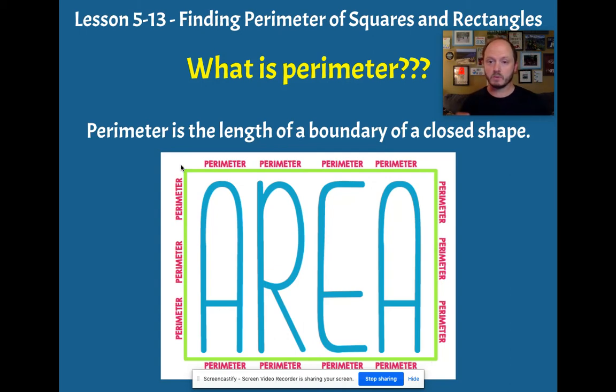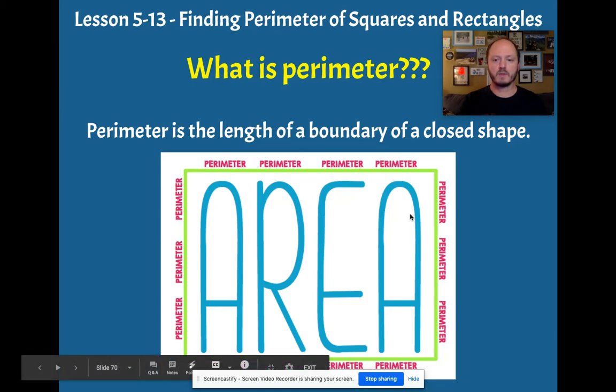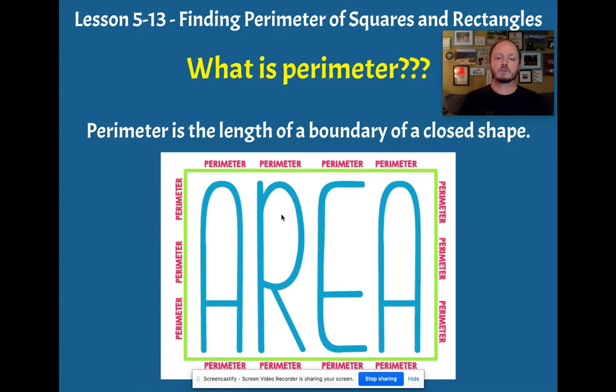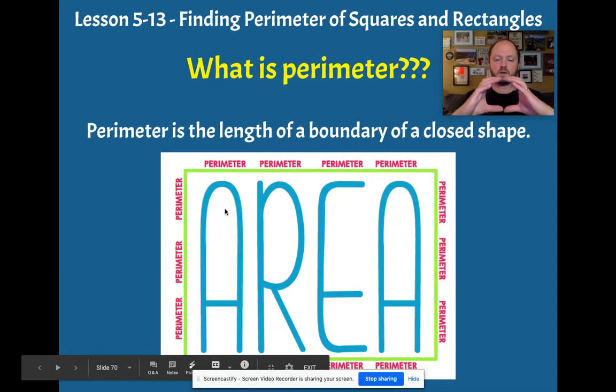Okay, so that right there is a pretty easy concept, but we have to not confuse it with area. Area is the measurement of the interior space of a closed shape. So perimeter, the outside edge, area, the entire space inside.